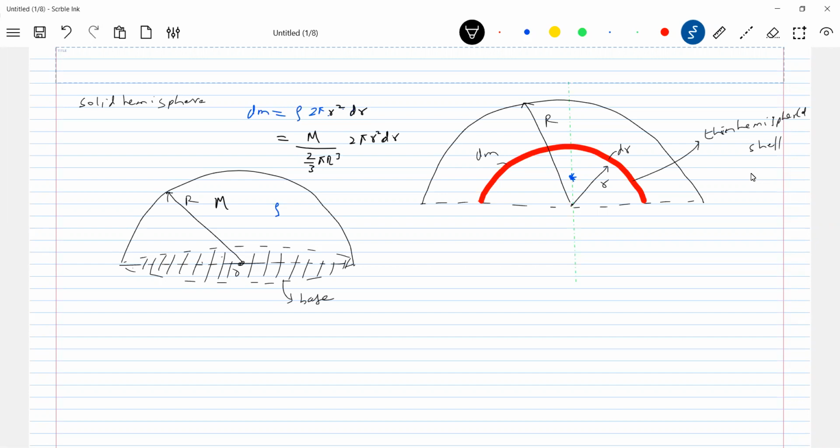So altogether the value of dm is equal to 3m by 2 pi r cube into 2 pi r square dr. The 2 pi will cancel out, so r cube will be left over, and here r square dr.